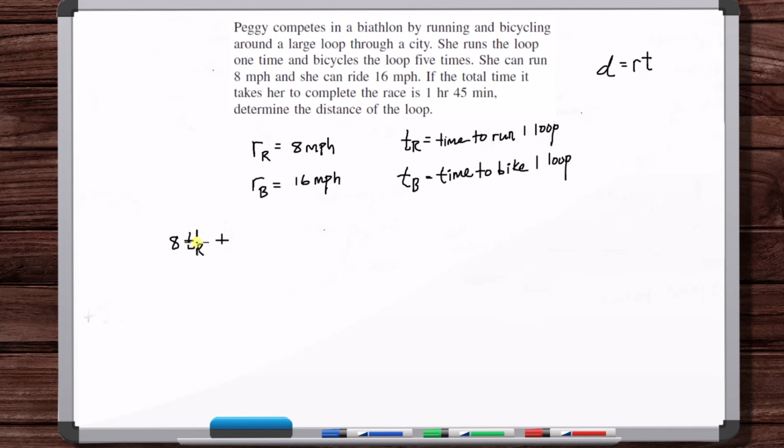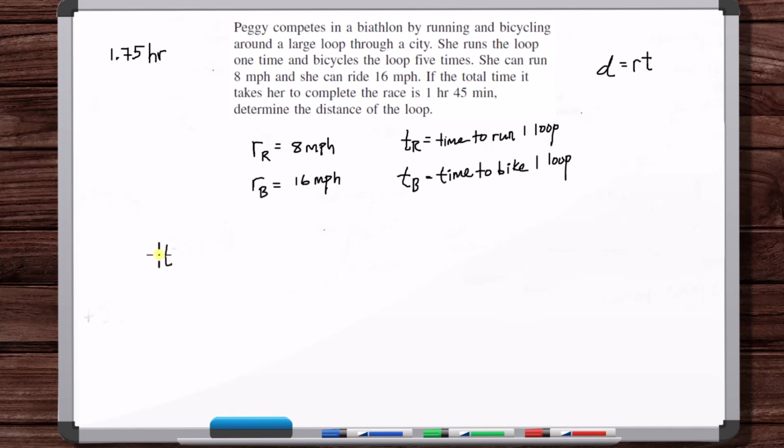Or wait, hold on. Let's do it. Okay, let's relate to this 1 hour and 45 minutes. 1 hour and 45 minutes in decimal form is 1.75 hours, right? 45 minutes is 3/4 of an hour.